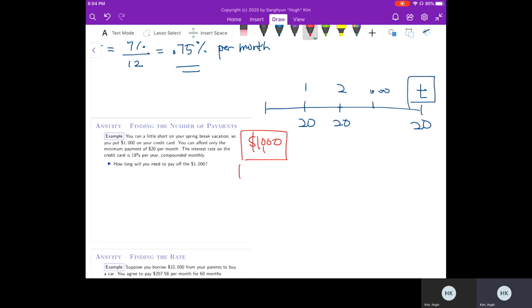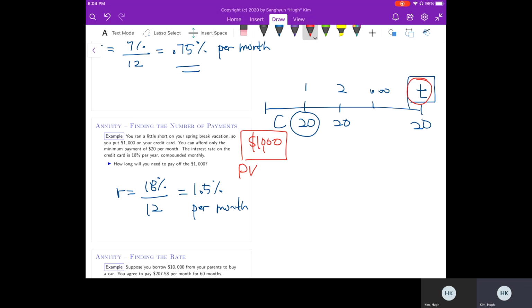So your credit card balance is the present value here, and the interest rate is 18% divided by 12, which is 1.5% per month. So that's the interest rate, and your monthly payment is C, the cash flow. You want to find T, the number of payments or number of periods.